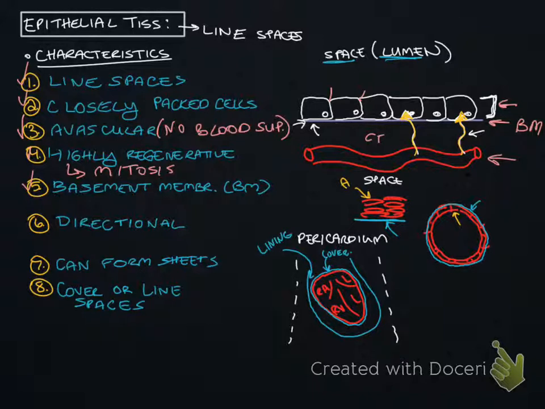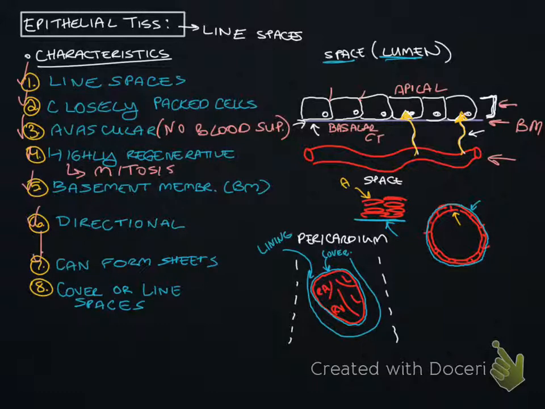It has polarity, meaning the side that's open to the space is often referred to as the apical edge or the luminal edge, and the side that's connected to the basement membrane is considered the basilar or basolateral edge. It can often form sheets. Like with skin tissue, it'll form not just one layer, but often multiple layers, but it still has to be open to a space.